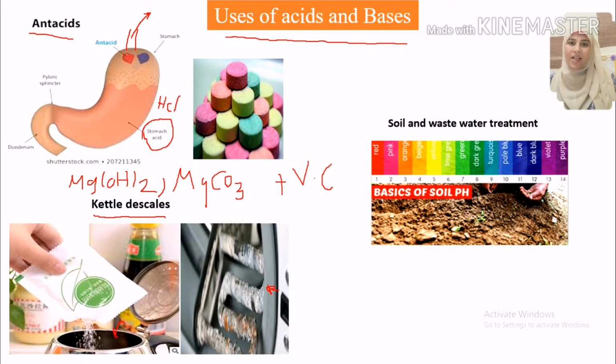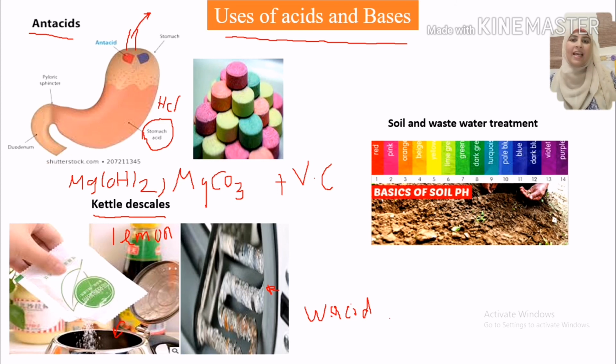If you want to clean it, of course, we need to use weak acids. We won't use very strong acids like hydrochloric acid because it can eat the metal. It can damage your metal. Hydrochloric acid can react with iron, so it will damage it. We will just start to add weak acids like vinegar, like citric acid, like lemon juice. All of these are weak acids. They can react with calcium carbonate salts and dissolve it directly.